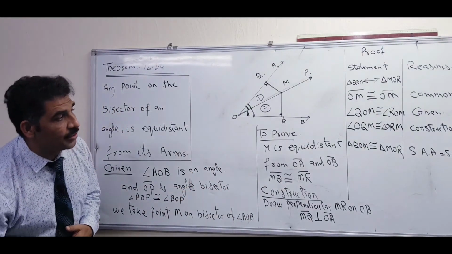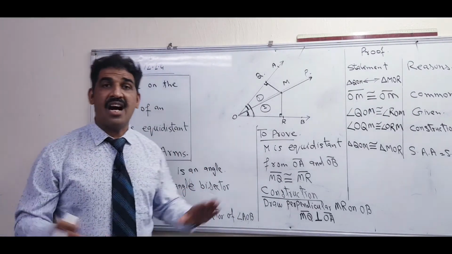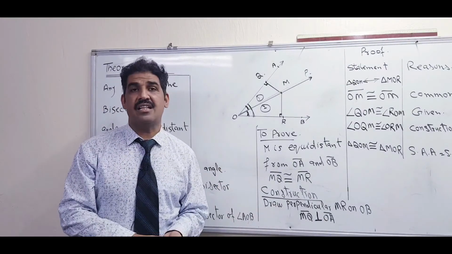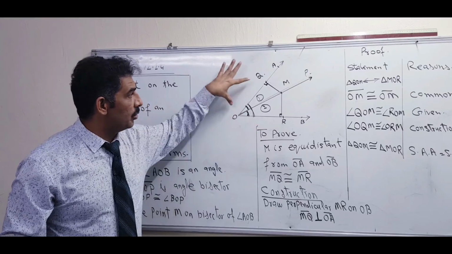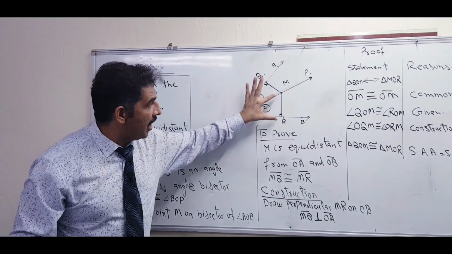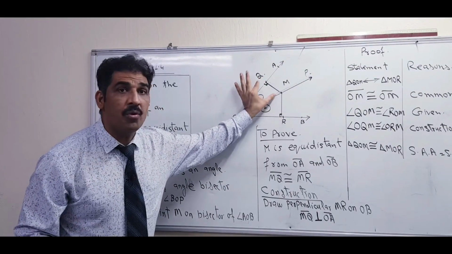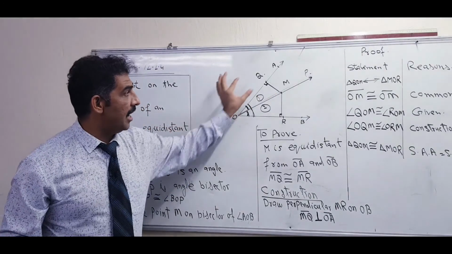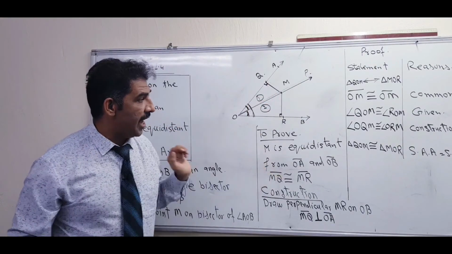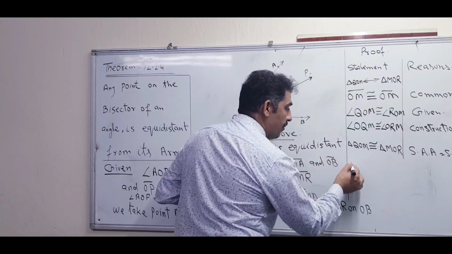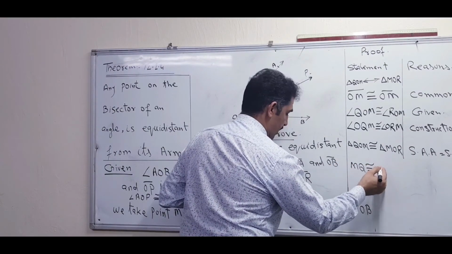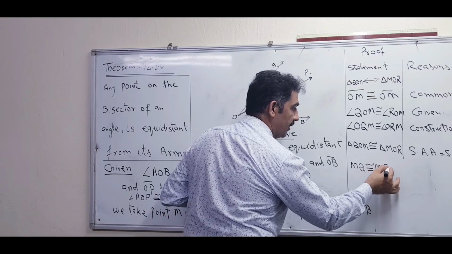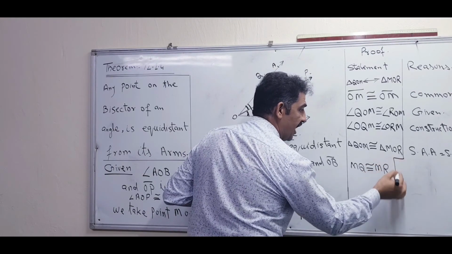After that, when the two triangles are congruent, all their sides and all angles are congruent. So this side OR is corresponding to OQ. So RM is corresponding to MQ, or MQ corresponding to MR. So you will write that MQ congruent to MR. And what is the reason of that?